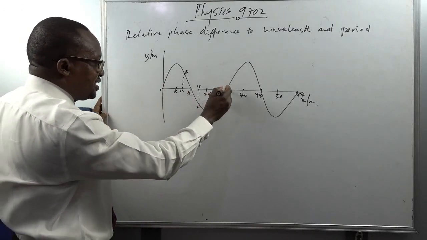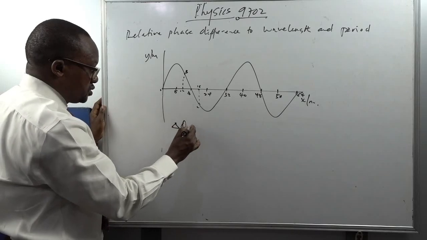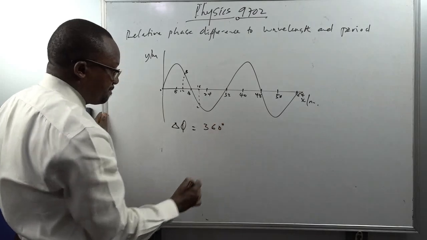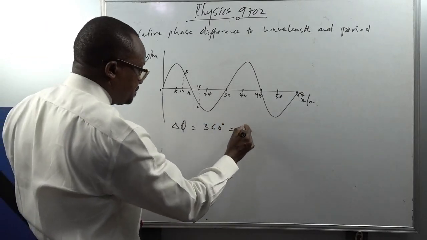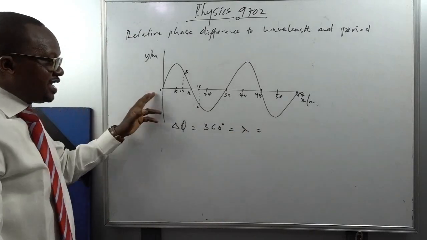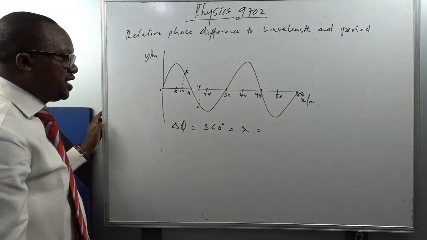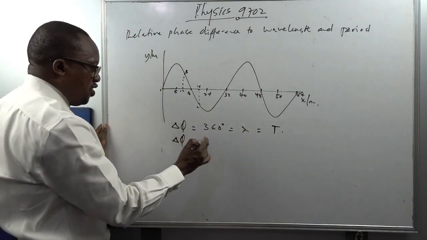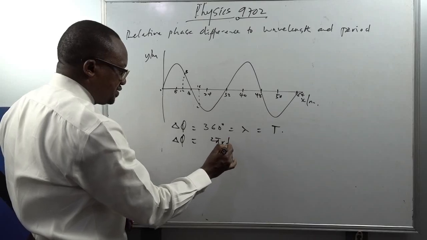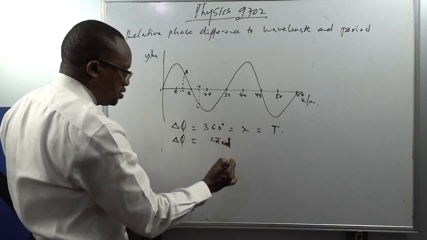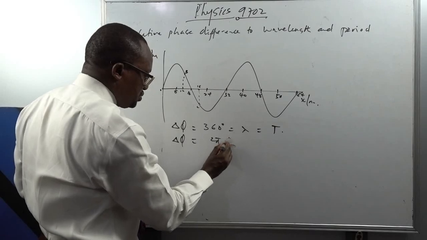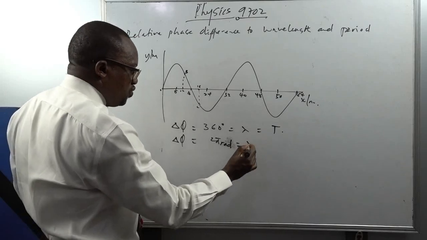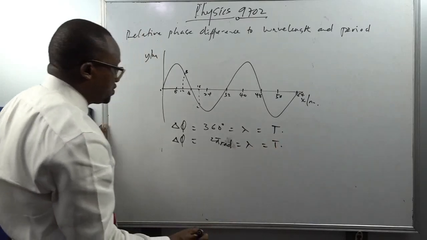Phase difference of 360 degrees corresponds to one wavelength. If this is a time axis, that phase difference also corresponds to one period. So I can say phase difference of 2 pi radians corresponds to one wavelength and one period.